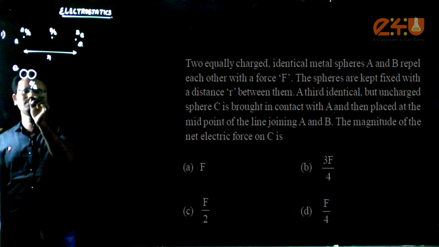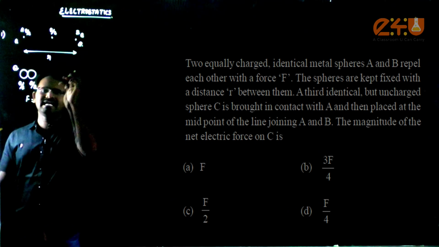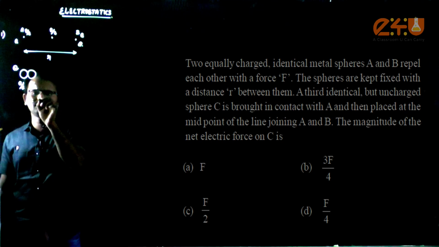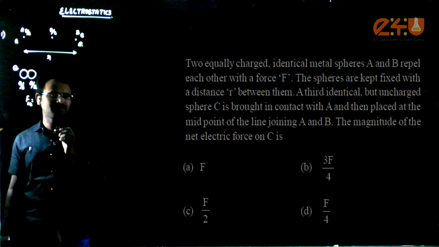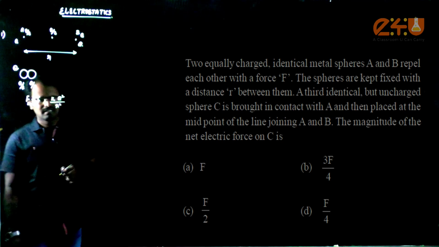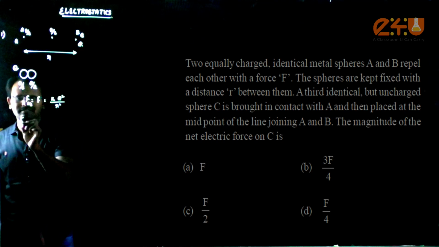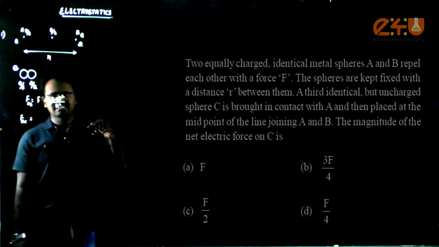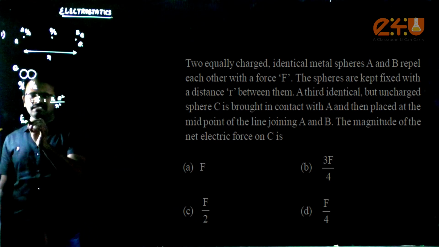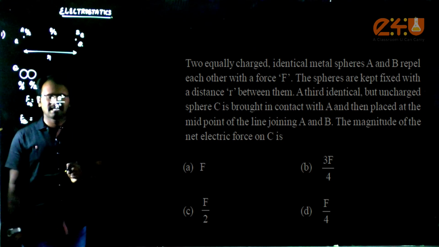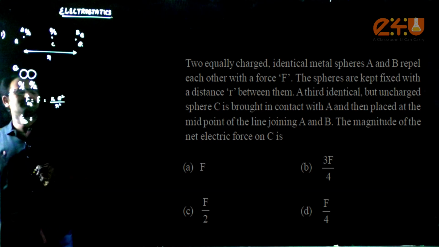Okay. Initially the force between A and B is F, because in the question they gave F equal to K Q square divided by the distance between them, that is r squared. Now I want to find the force between A and C. They ask for the magnitude of the net electric force acting on C, which we kept at the midpoint.